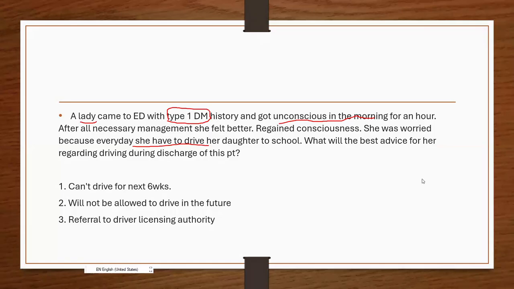What do you think? So can somebody mention what has been her clinical presentation? Can you guess, like they have mentioned only unconscious.